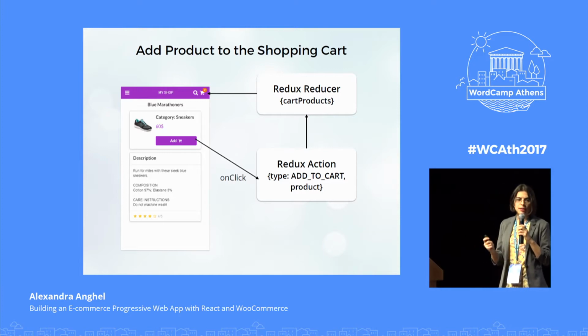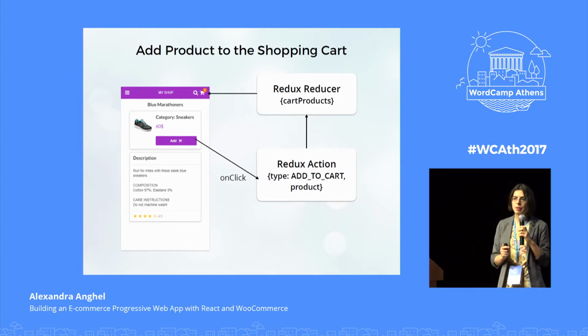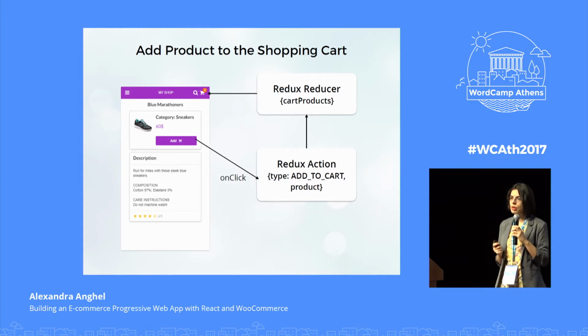So these are basic examples on how to get you started with React and Redux. And you're probably wondering by now how we make the connection between this application and WordPress. Well, we can host the application on a separate domain or subdomain, and since it's a fully front-end application, we just need to let it connect to the API.